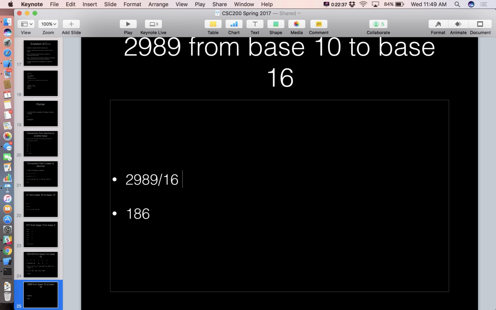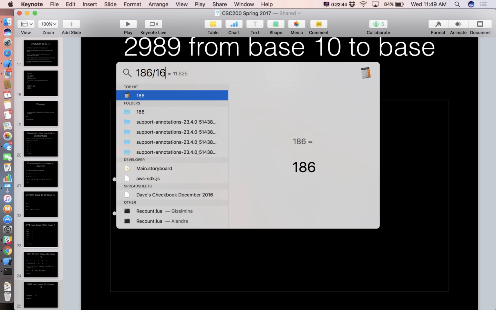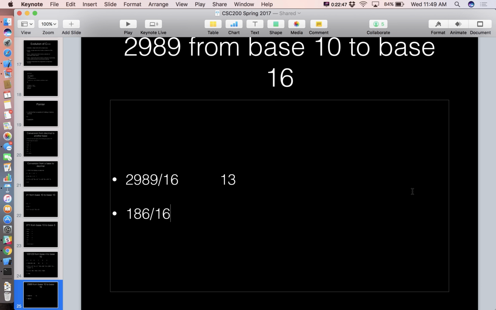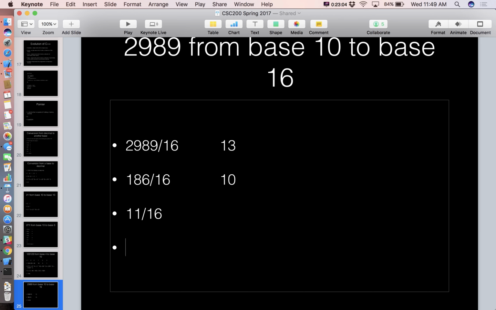Okay. 186 divided by 16 is 11. 11 times 16 is 176. So that's a remainder of 10. 16 goes into 11 how many times? 0 times. 0 times 16 is 0 with remainder 11.